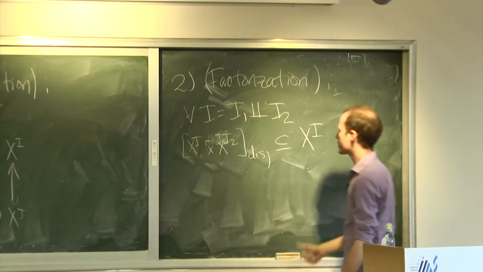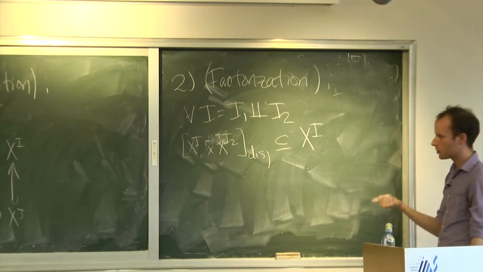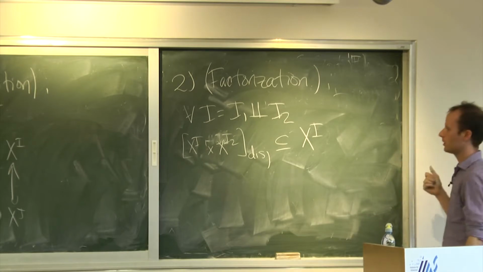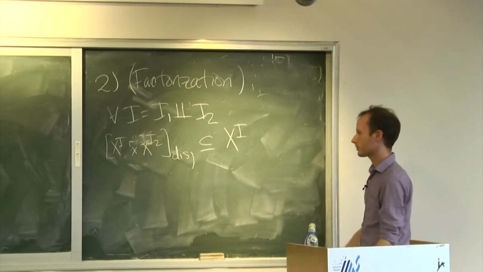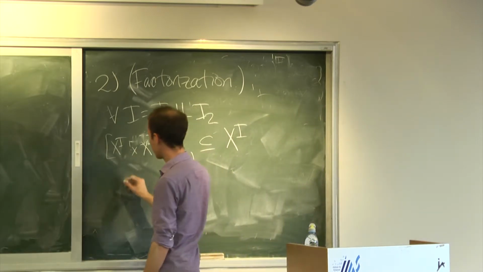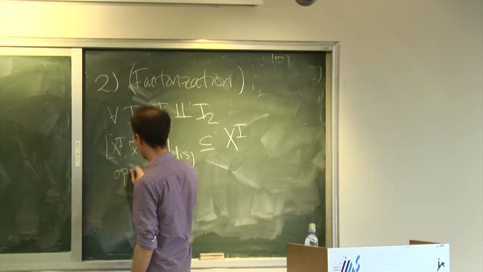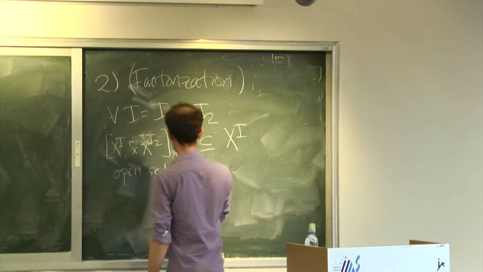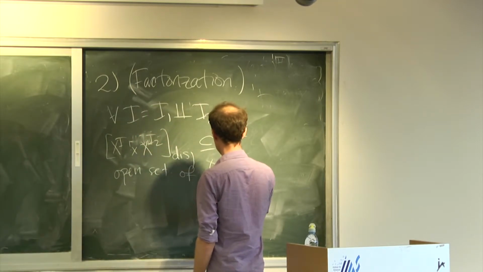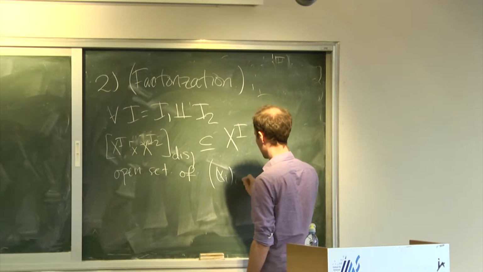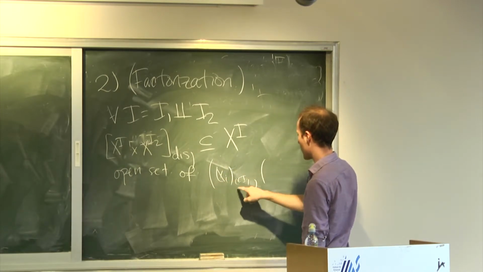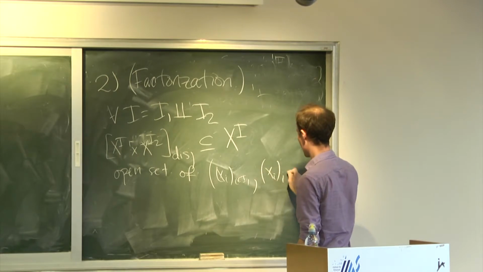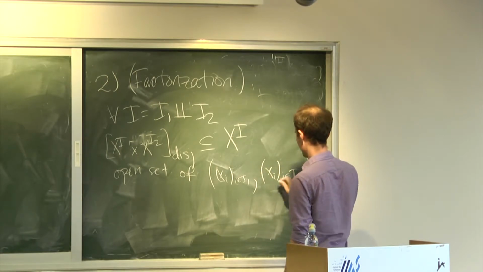And what is it? Well, first of all, in the example when n is equal to 2 and we're taking the main diagonal, this is just going to be the complement to the diagonal. In general, this is the open set of coordinates. I can think of a point as a pair of x_i for i in I1 and x_j for j in I2.